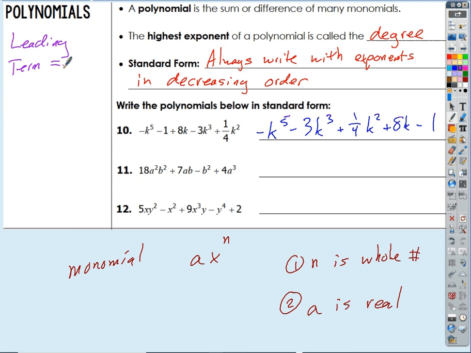Okay, so the leading term is the term with the biggest power of x, or whatever the variable is, right? Biggest power of the variable.